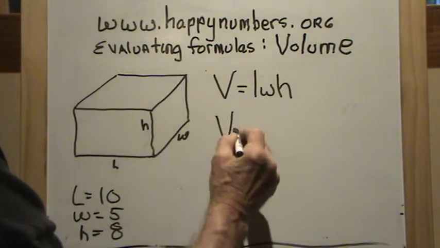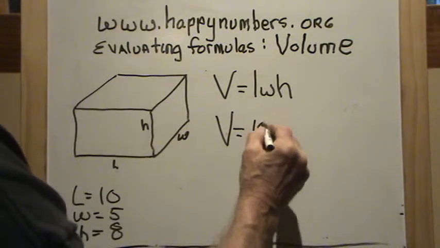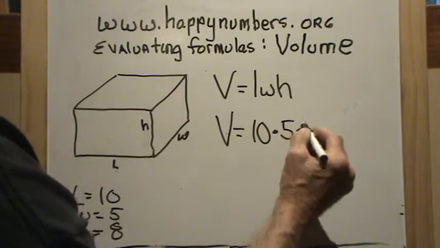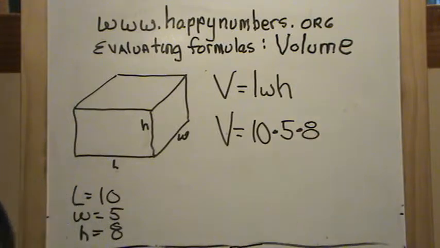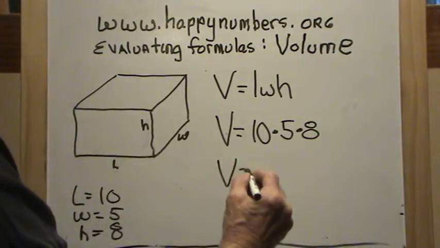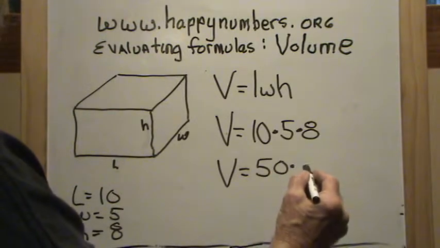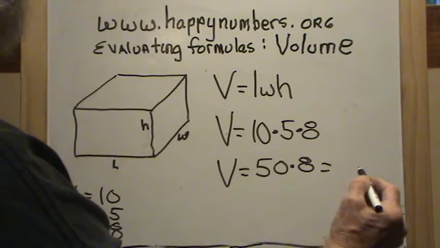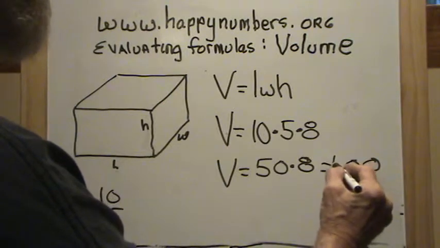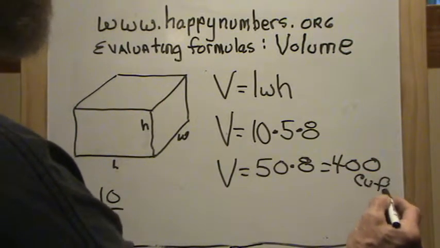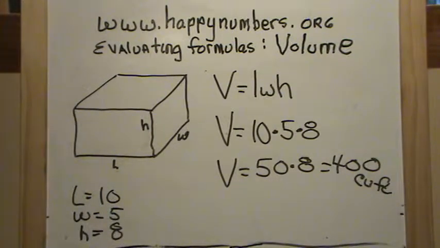Well, the volume would be 10 times the width, which would be 5, times the height, which would be 8. The volume would be 10 times 5 is 50, times 8, which would be 400 cubic feet. Let's say we were working with feet, 400 cubic feet.